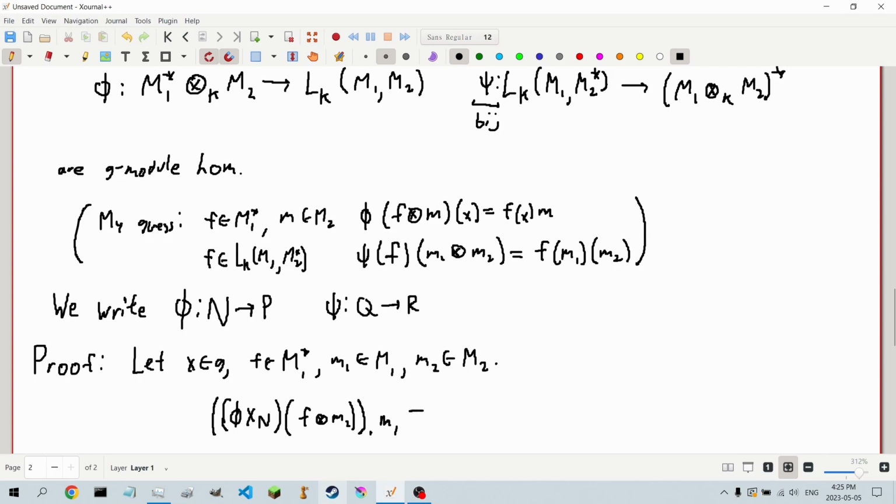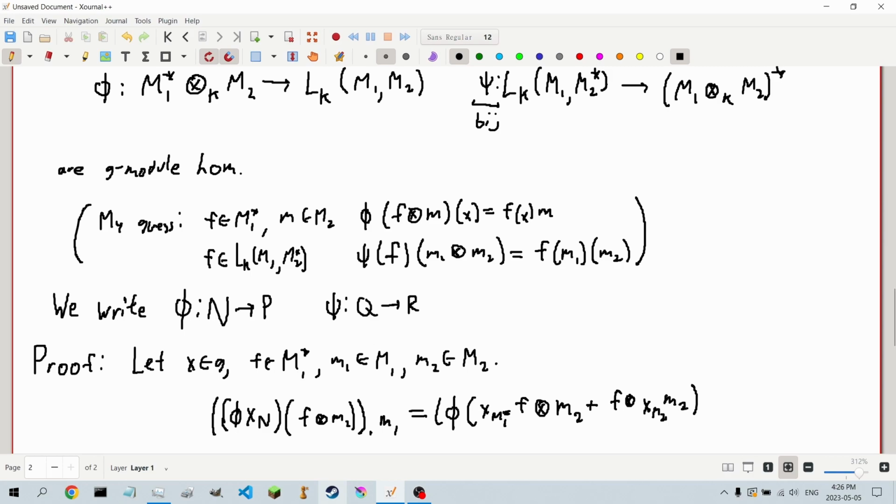And so how do we evaluate that? Well, this gives us phi of x M1 star, which is the left element. Keep in mind how it splits across tensors. Plus f times its version in M2, acting on this component m2.